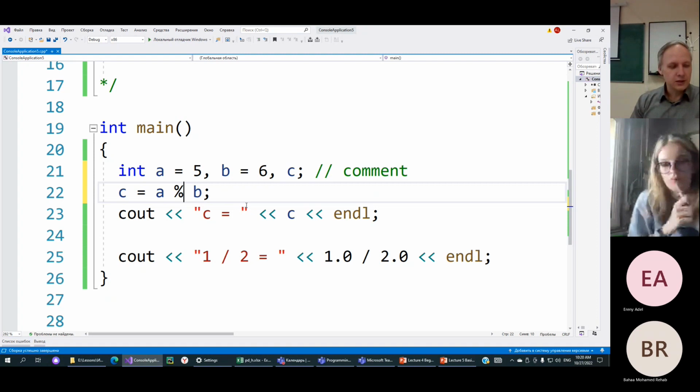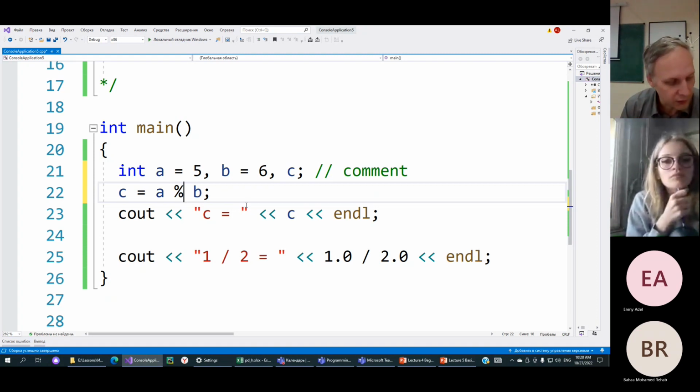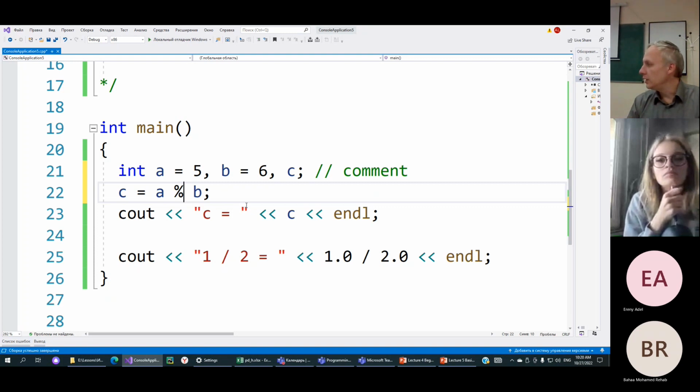And the meaning of this operation is also related to integer division. The meaning of this operation is the remainder of division.